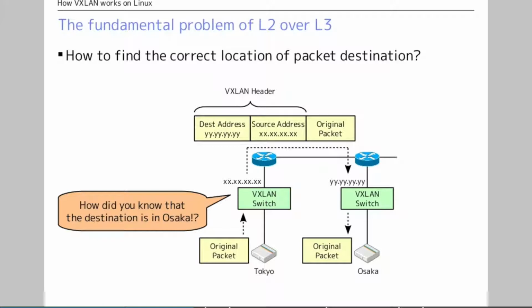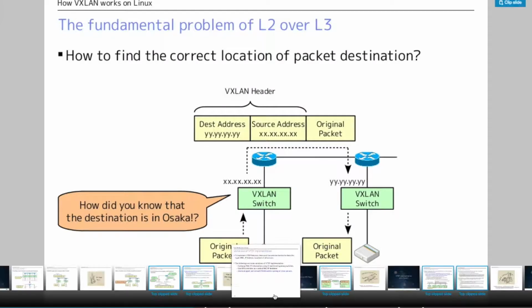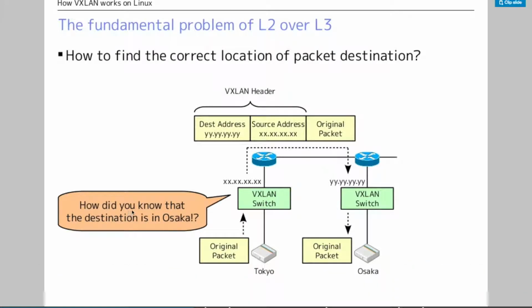So the fundamental problem of layer 3 over layer 2 over layer 3 network is how to find the correct location of packet destination. So how do you know that the destination is in Osaka when this packet arrived here?